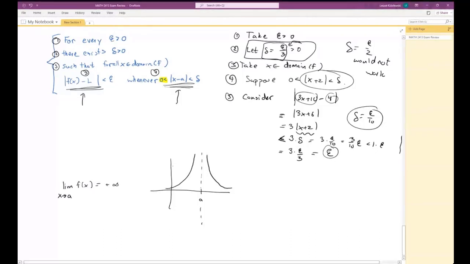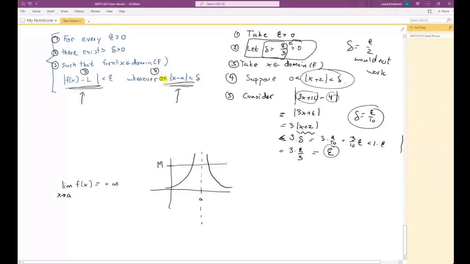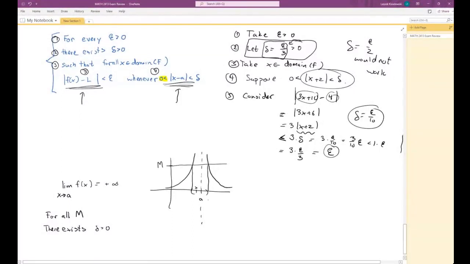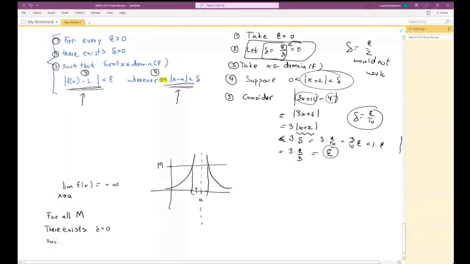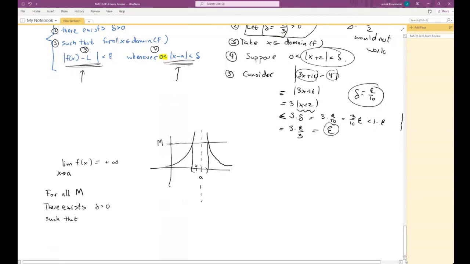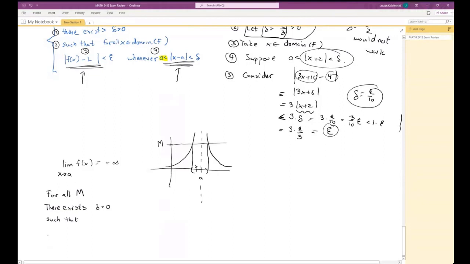Okay, but we know that what this means is that instead of epsilon, we're going to say for any number m, could be positive, you don't have to specify it's positive, but for all m, if we can get x close enough to a, so delta close, there must exist a delta, which is a positive quantity, it's a distance around a, such that for all x in the domain of the function, that would exclude x equals a, your function will exceed this arbitrary number m whenever x is close enough to a.